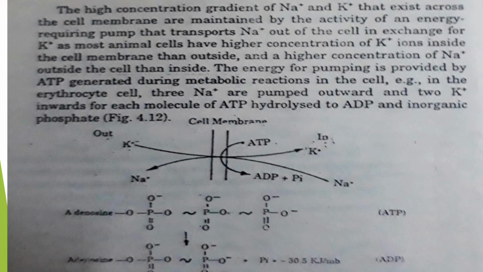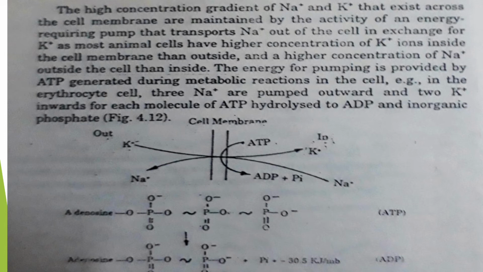See here on the screen, the high concentration gradient of sodium and potassium that exists across the cell membrane is maintained by the activity of an energy-requiring pump, the sodium potassium pump, which transports sodium out of the cell in exchange for potassium.